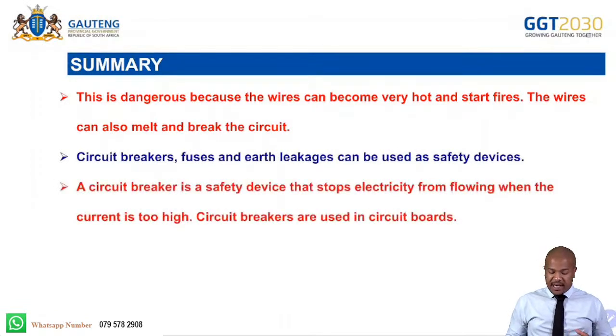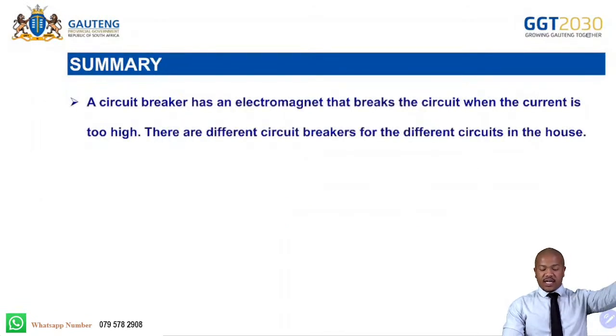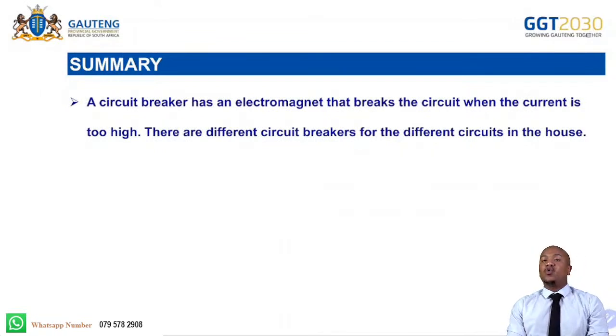A circuit breaker is a safety device that stops electricity from flowing when the current is too high, and circuit breakers are used in circuit boards in our households. We said that a circuit breaker has an electromagnet that breaks the circuit when the current is too high. There are different circuit breakers for different circuits in the household.